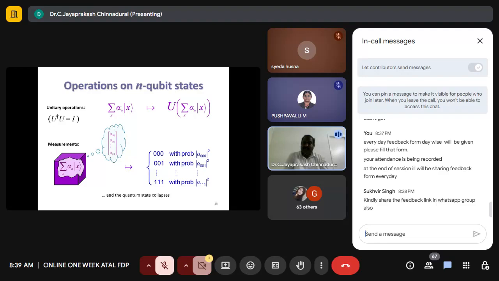The output is with probability of alpha of 0 0 0 whole square. Same like that, for 0 0 1 we get the value with probability alpha of 0 0 1 whole square, up to all the other values, and the last one is 1 1 1 as the input with the probability of alpha of 1 1 1 whole square. So this is the operations on n qubit states.